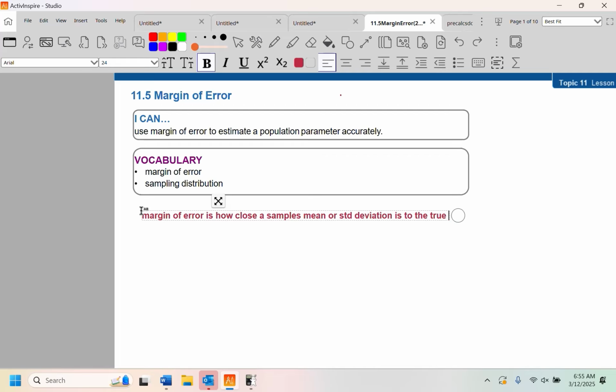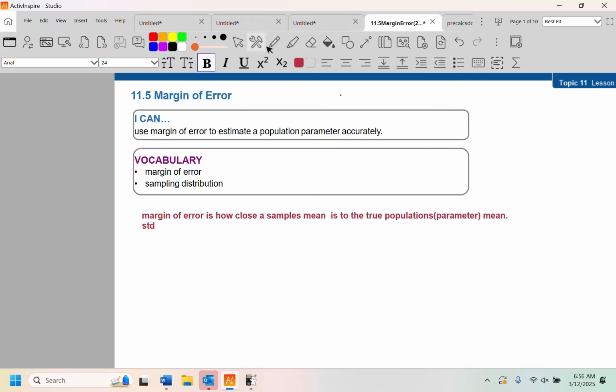Now, when you talk about the population, you're talking about a parameter. And we do this with the plus or minus symbol.